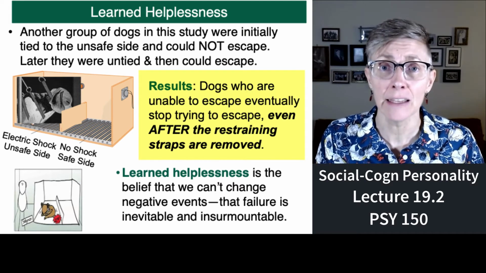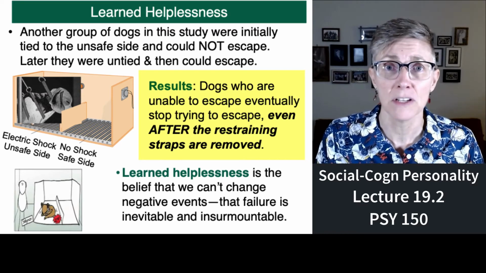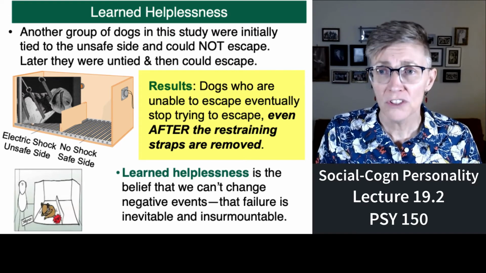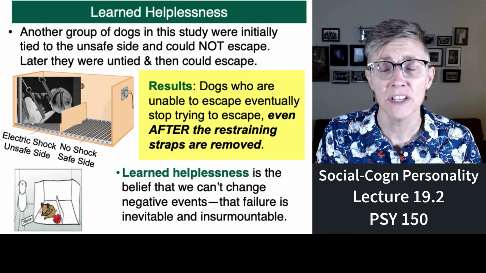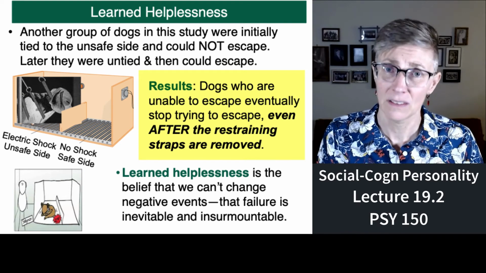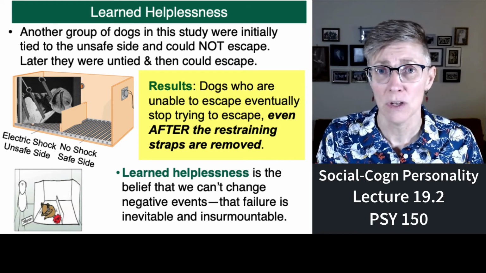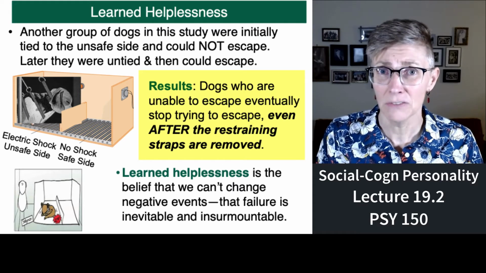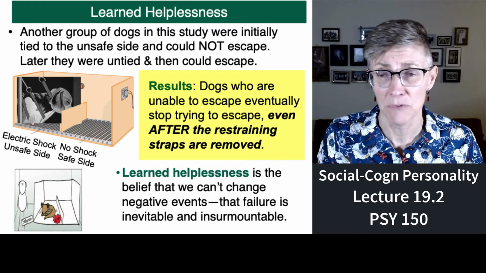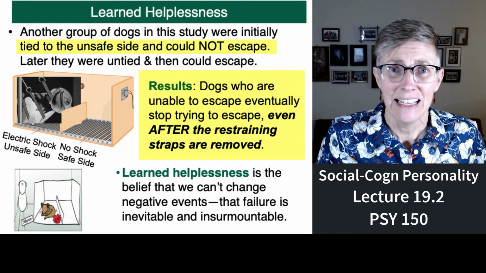And in this second box, the dog is not attached to a wall. The dog is completely free. Will the dog continue to sit there and take the shock, take the abuse, like it had to do when it couldn't escape? Now that it can escape, will it suffer from the shock or will it escape from the shock? Well, here's the result.